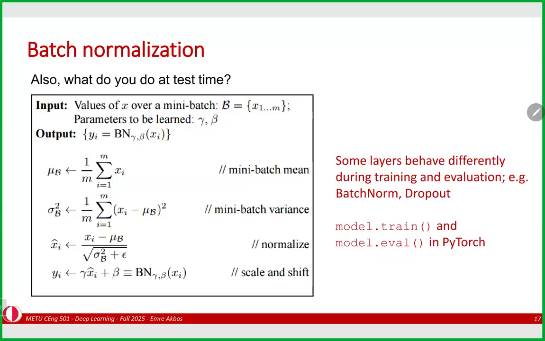Yes, very good question. Your friend is asking, during evaluation, what happens to these mu and sigma? What do you think? Yes, they are pre-computed from the training set and stored.